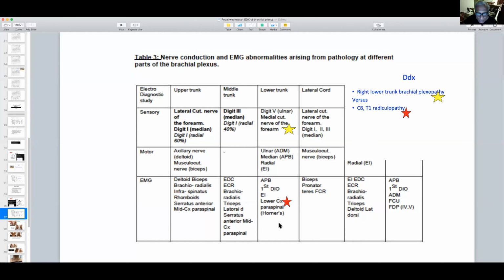And of course, clinically, you would also expect with C8T1 radiculopathy, some evidence of Horner syndrome on the ipsilateral side. So this will be very important, right? Because a lot of these patients have coincidental degenerative spondylotic disease in the spine, shown on the X-rays.